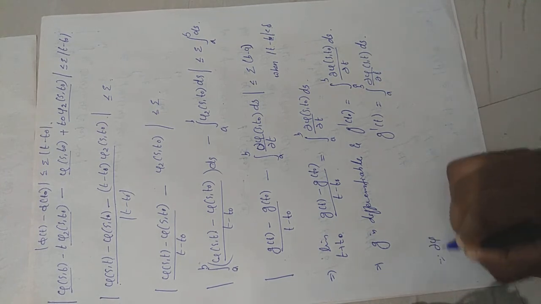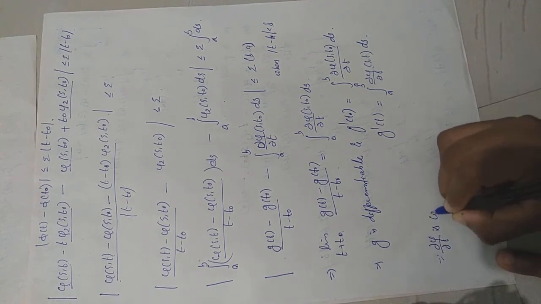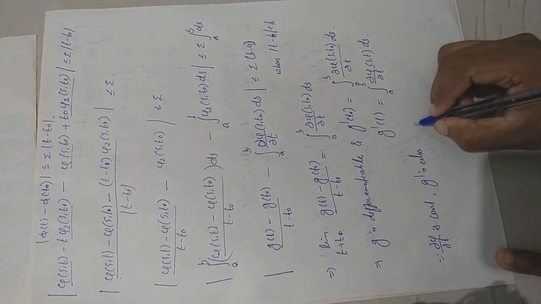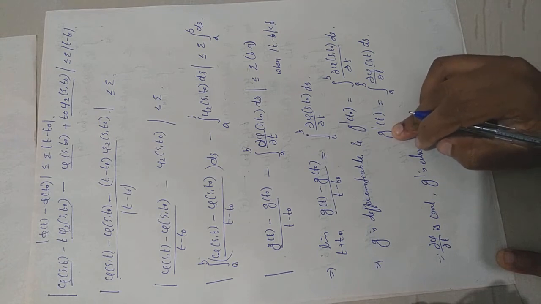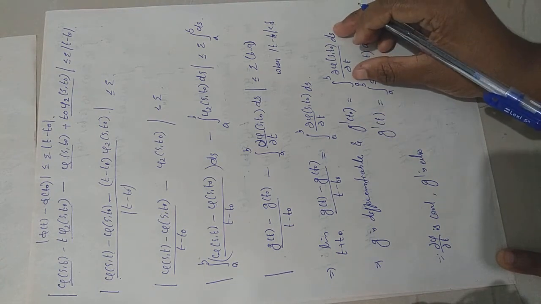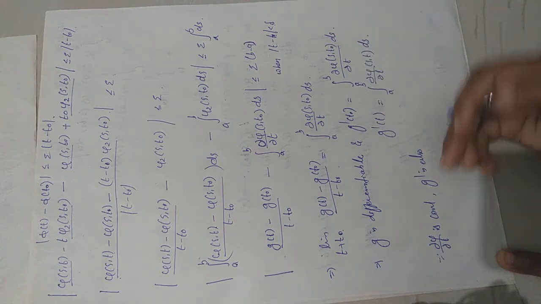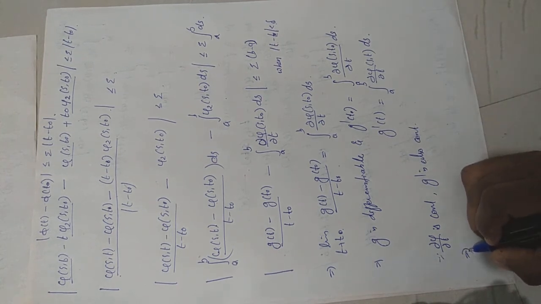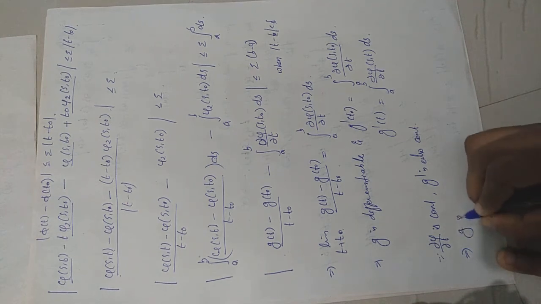Since dou psi by dou t is continuous, g dash is also continuous. So what you get now? The function g is differentiable and its derivative is this integral value, and this derivative is continuous. Therefore, g is a continuously differentiable function. In fact, g is an analytic function. g is analytic.